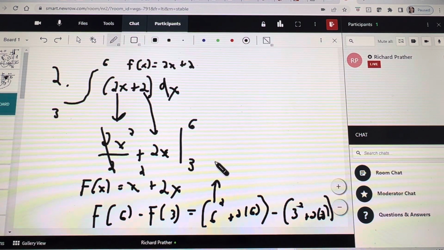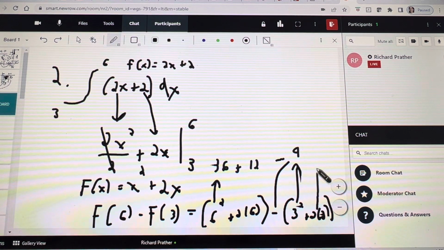6 squared is 36. 2 times 6 is 12. 3 squared is 9, but the negative goes to it. And 2 times 3 is 6, but the negative distributes in there and turns that into a negative 6. All the signs change in the second half.